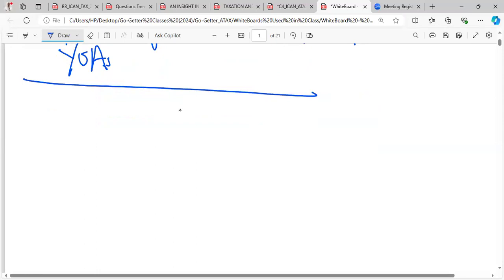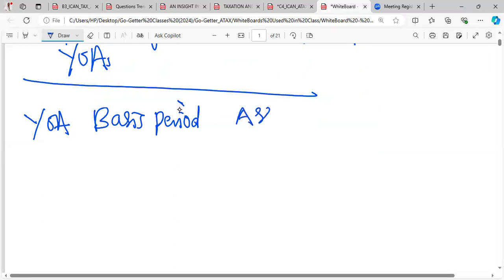So we will start here. Year of assessment, basis period. Then we will have assessable profits. All right, so that's the kind of thing we'll be doing.